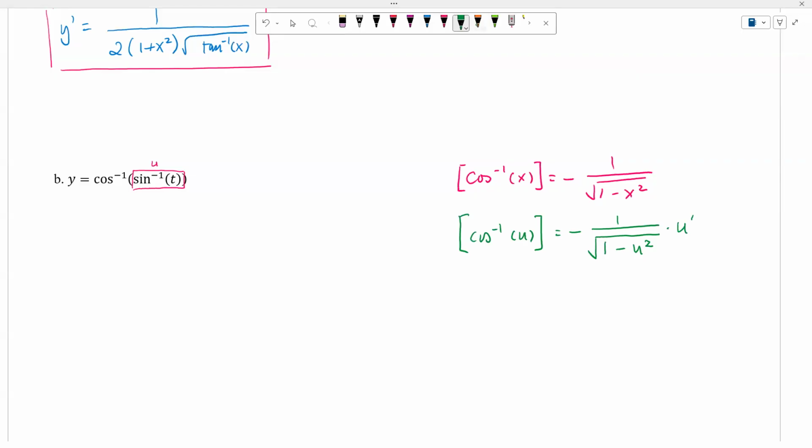So now to this one, I will have y prime is equal to -1 over square root of 1 minus sine inverse of t to the square. And I take the derivative of the sine inverse of t.